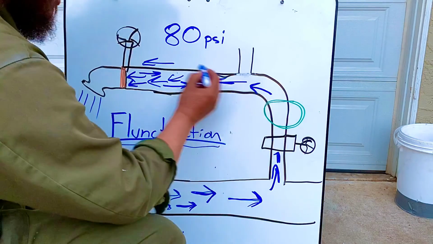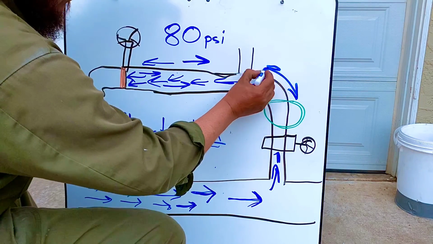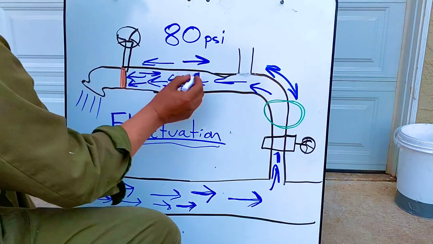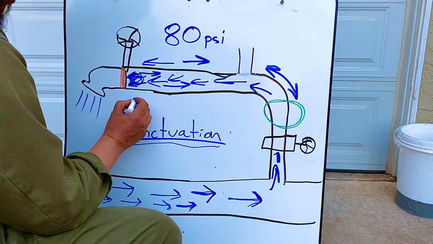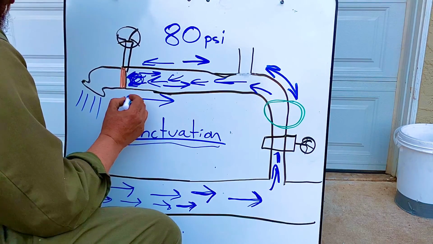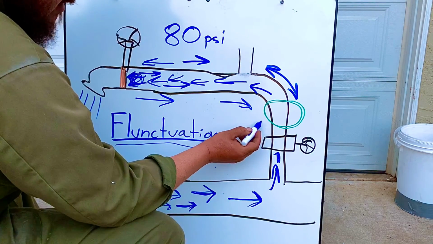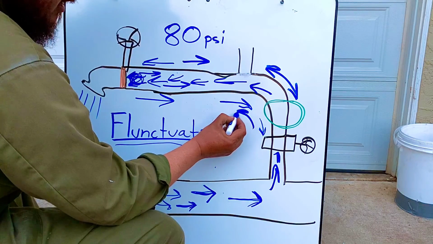So now on this whole system, you have pressure fluctuating back and forth. Pressure increases at one point, then bounces back and decreases, but it increases on this side, and once it hits the high pressure, it bounces back into your system.